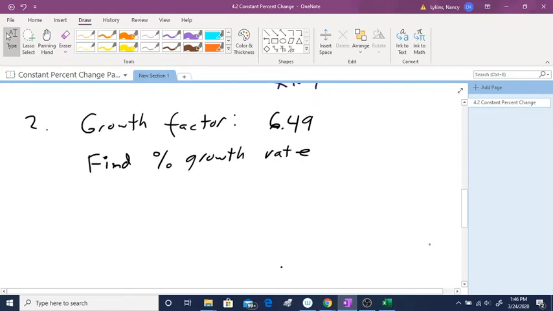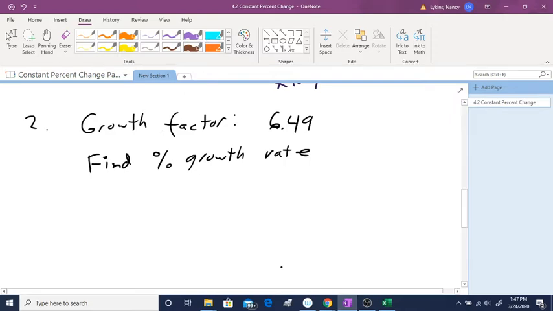Just a similar example. Growth factor 6.49. And what is the percentage of growth rate? So if you want to pause and give yourself a couple minutes to work on this, and then unpause it to see if you actually got this correctly. So remember, on this one, you still need to find what the percentage growth rate is.